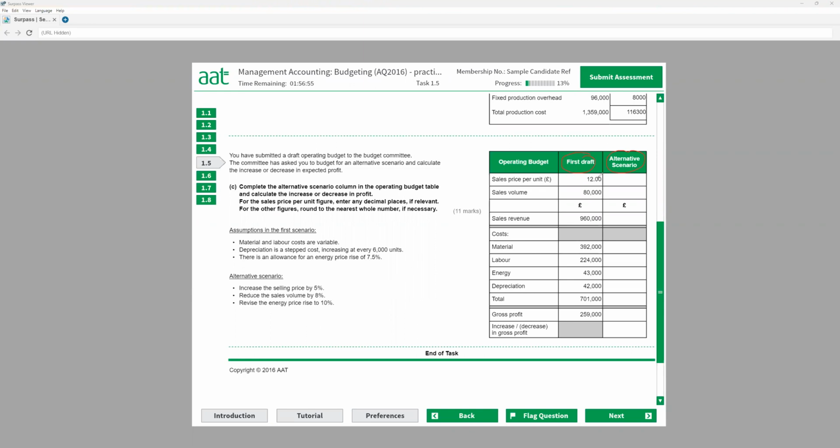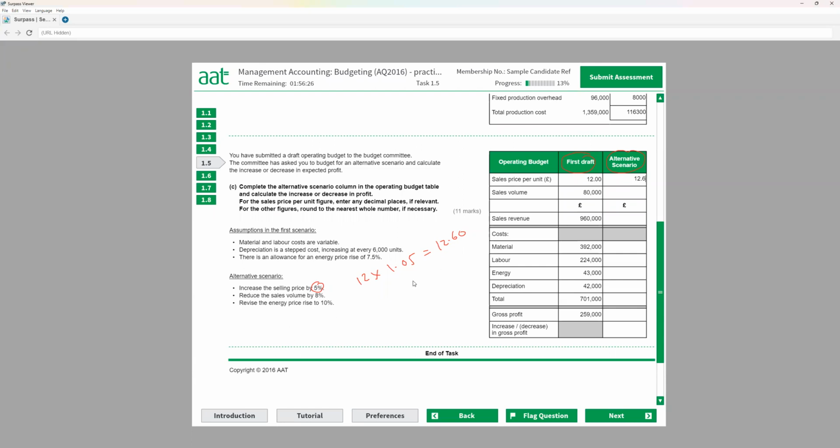So sales price per unit is 12. They're saying it will be increased by 5%. So 12 times 1.05, and that will be 12.6. So this is my selling price in the alternative scenario.